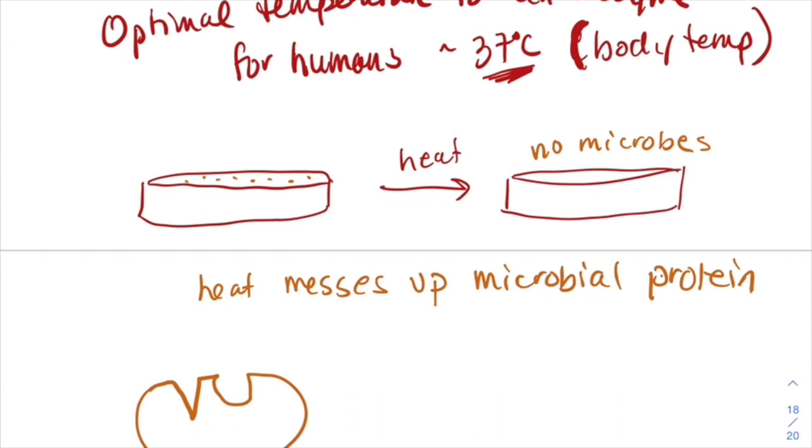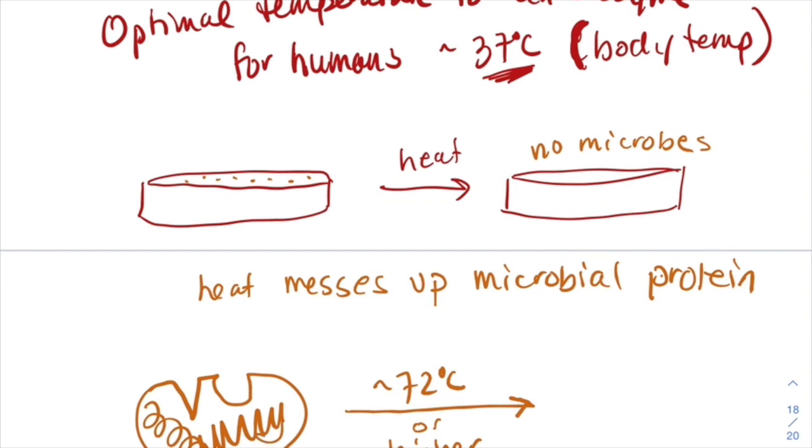If you heat it up, like with fire, and actually for most microbes that are human pathogens, if we just heat it up to 72 degrees C or higher, all those alpha helices and beta pleated sheets open up, and you just have one long polypeptide over here.